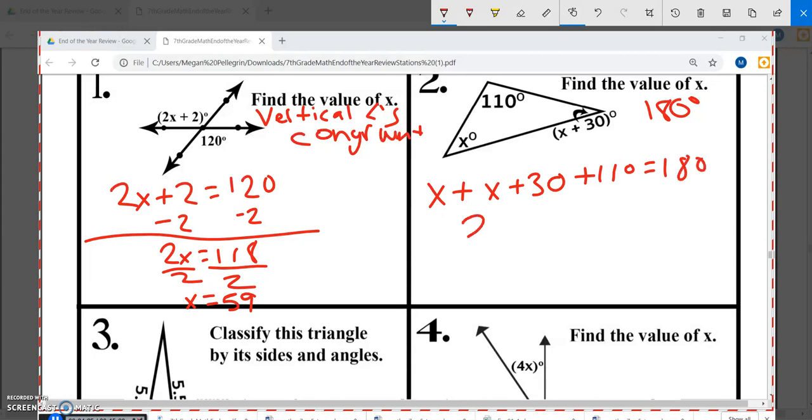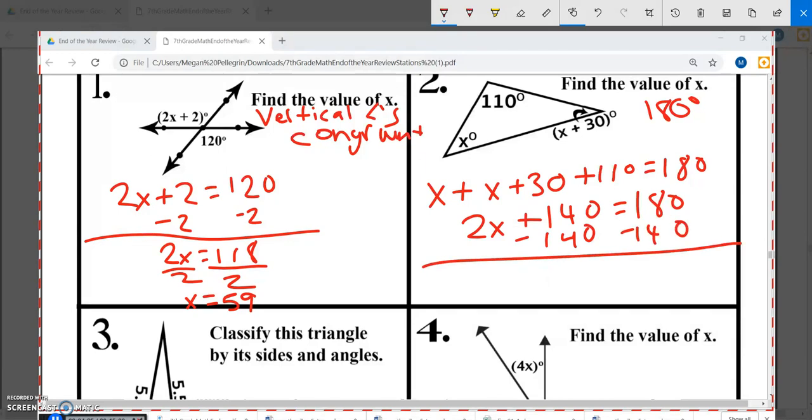Combine our like terms, so we have 2 x's, and 110 plus 30 gives me 140, is equal to 180. Subtract that 140 from both sides, now I've got a two-step equation. That leaves me with 2x is equal to 40, divide both sides by 2. So x is equal to 20.